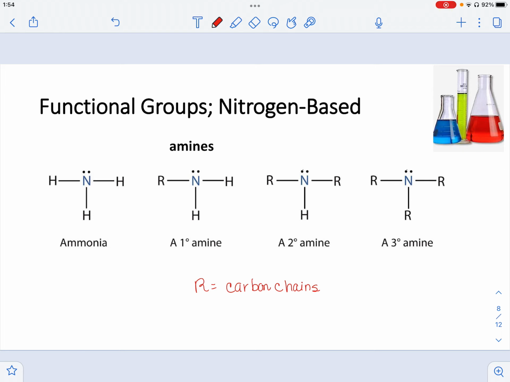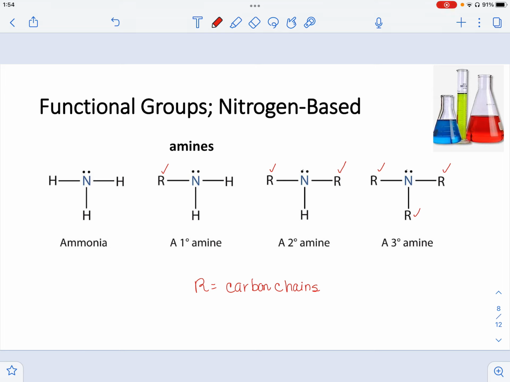In the case of amines, it is going to be based on the carbon chains that are attached to the nitrogen. As you can see, that second structure says that we have a primary amine. In a primary amine, we're going to be attached to one carbon chain or one R. In a secondary amine, we are going to be attached to two carbon chains or two Rs. And lastly, in a tertiary amine, we are going to attach that nitrogen atom to three different carbon chains.